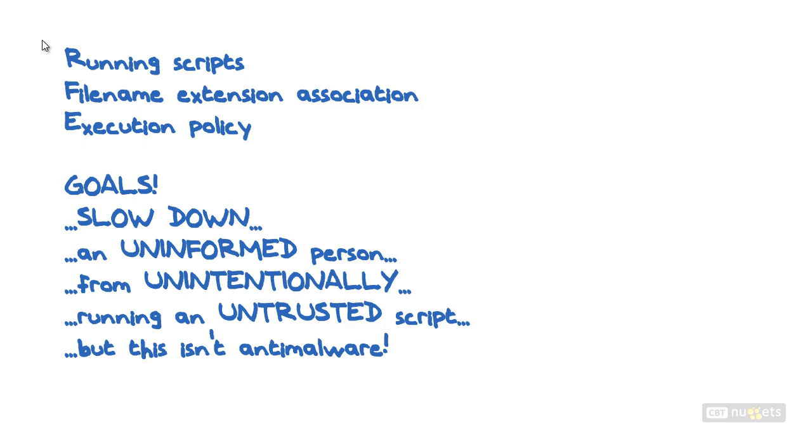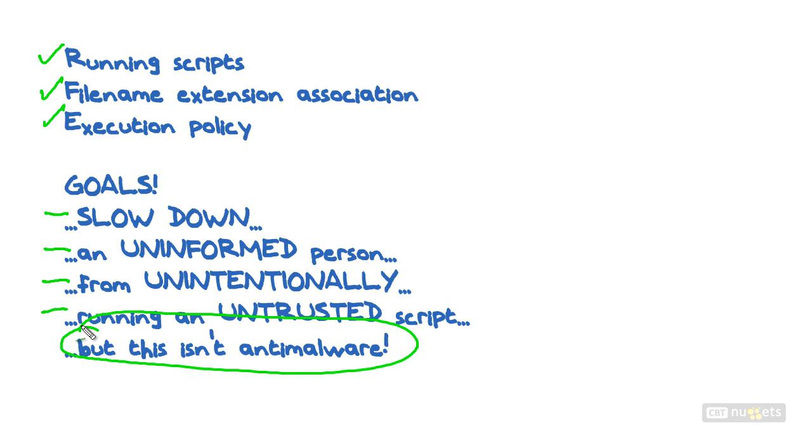So there you go. PowerShell does require you to provide a path when you run scripts, and that's intended to help you visually differentiate between scripts and commands. It does not have a lot of dangerous default file name extension associations, which means double-clicking a PS1 file won't run it by default. And then there's that execution policy, which is designed to help slow down an uninformed person from unintentionally running an untrusted script, but it is not intended to stop malware.